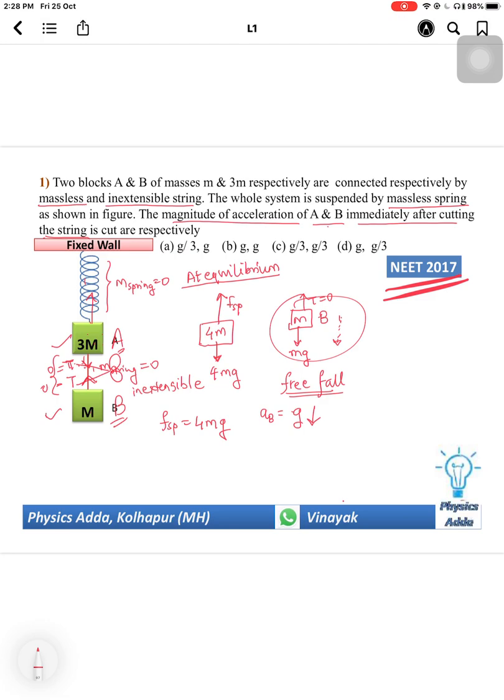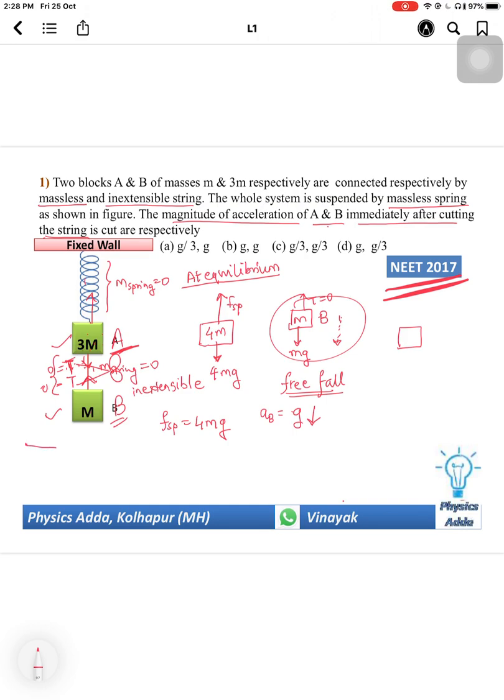Now consider the second case of block A. In block A, this block A will also try to attain equilibrium. If this tension T becomes 0, equilibrium gets disturbed, and again the body will try to attain a new equilibrium position, right? But before attaining the new equilibrium position, there will be a motion of block 3m.